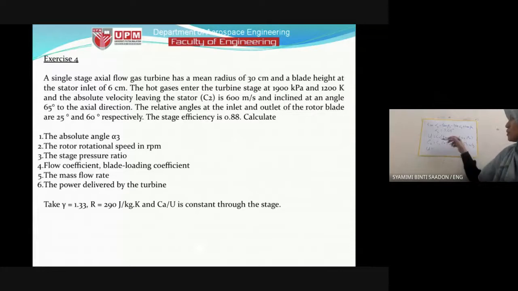So for U, just include all those values: 253, tangent alpha 2, tangent beta 2. So you have U around 425 meters per second. Then change it into rotations per minute, which we write as N. U, the velocity, is multiplied with the diameter.